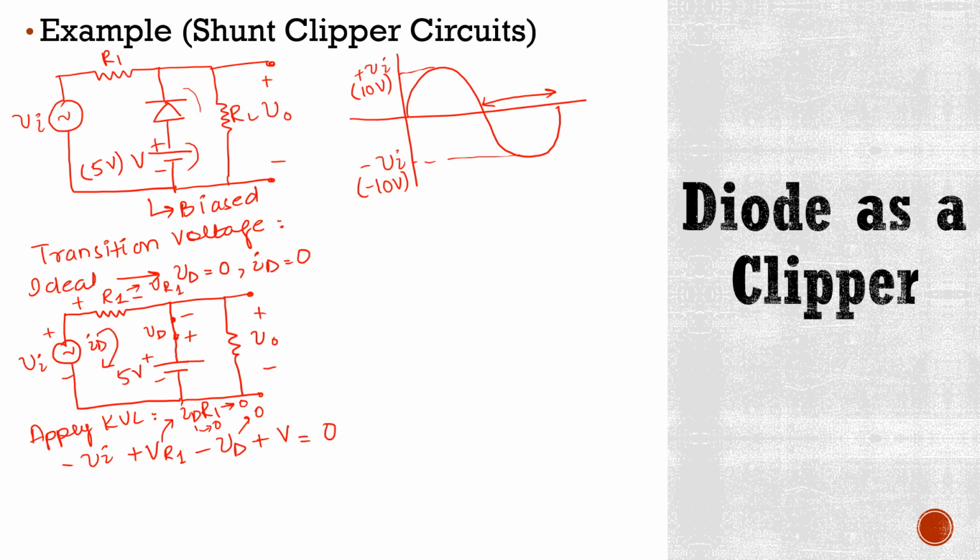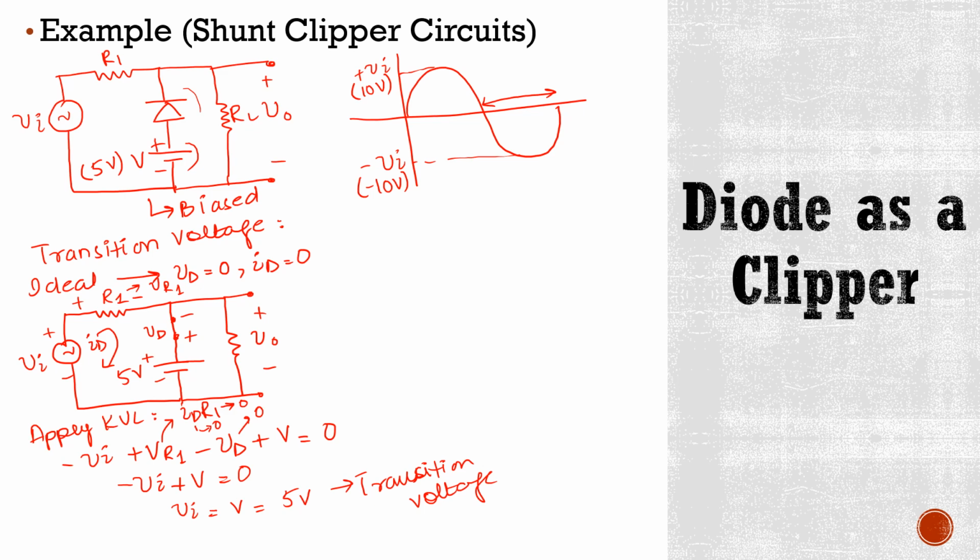So the equation becomes minus Vi plus V is equal to 0, or Vi is equal to V, which is 5 volts. So this is your transition voltage.